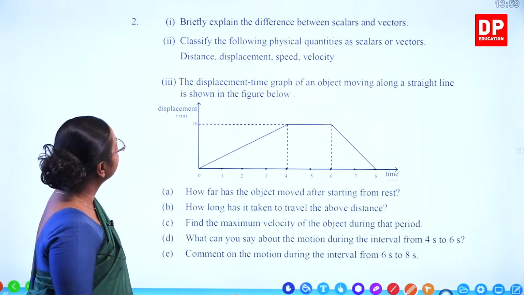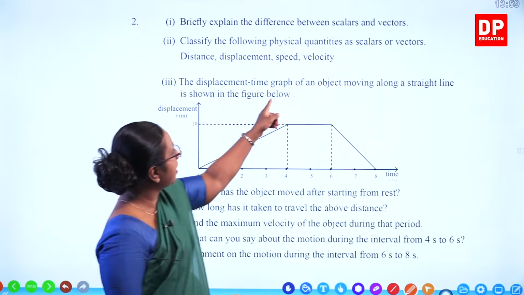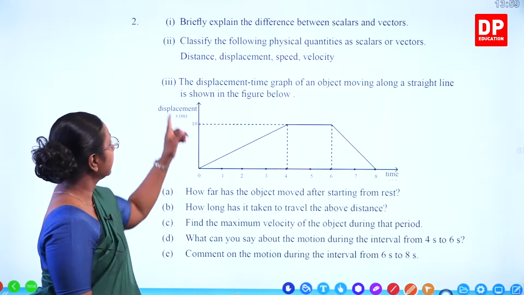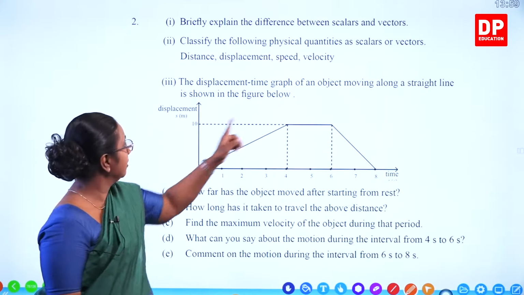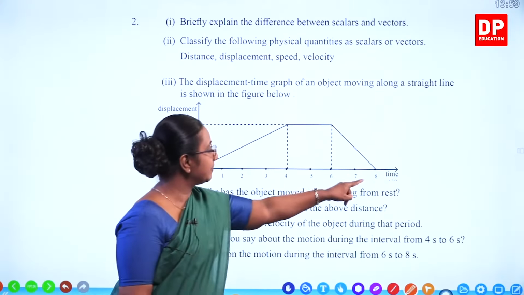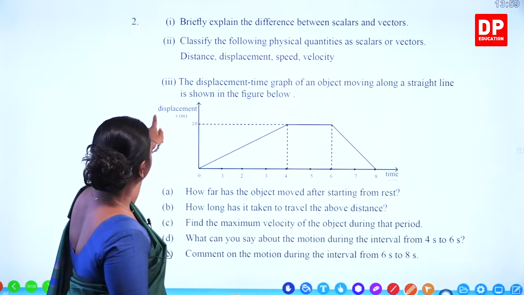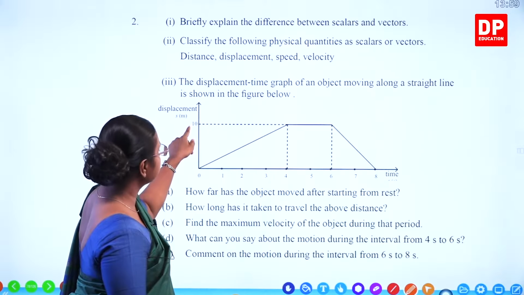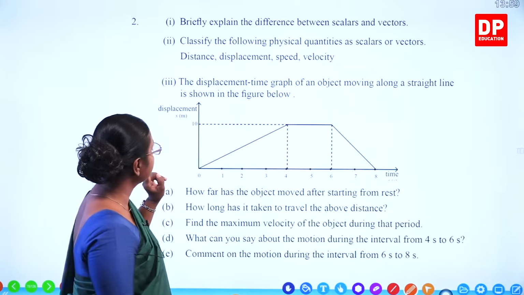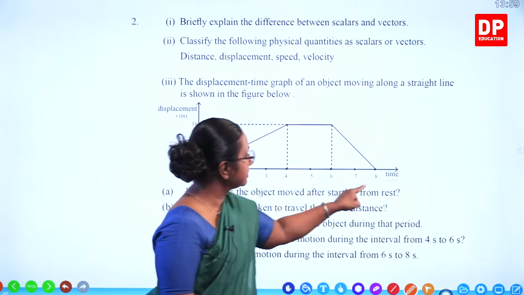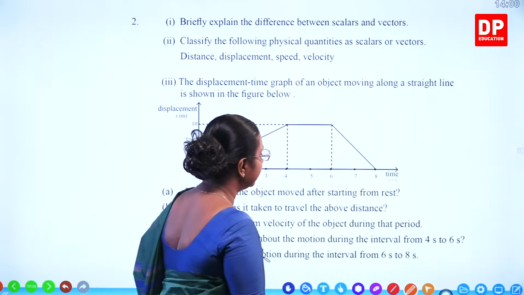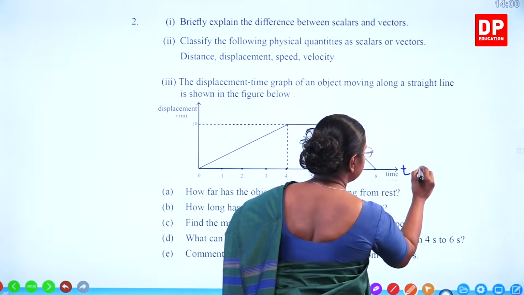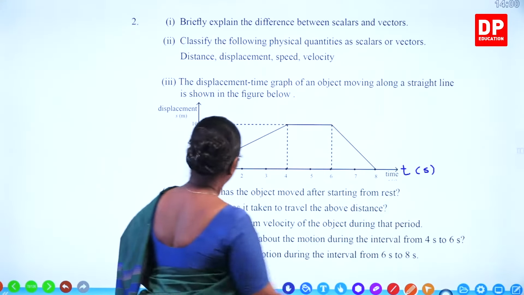Then the third part, the displacement time graph of an object moving along a straight line is shown in the figure below. Here they have shown the displacement of an object. You can see displacement is given in S meters, that is the unit of displacement, and here is the time, it has to be in T seconds.